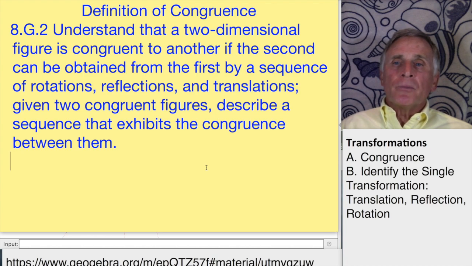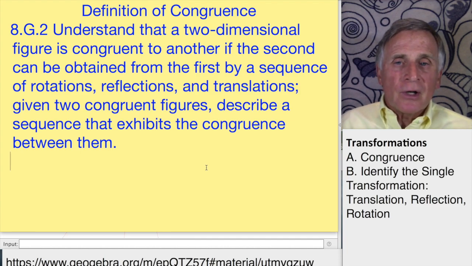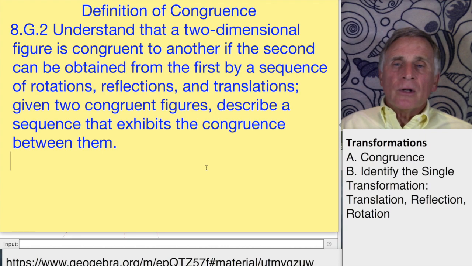Remember, someone may have created it using a sequence, but if we can identify it as a single transformation, that's what we're doing in this exercise. We're not going through the ones that you can't identify from a single translation, reflection, or rotation.